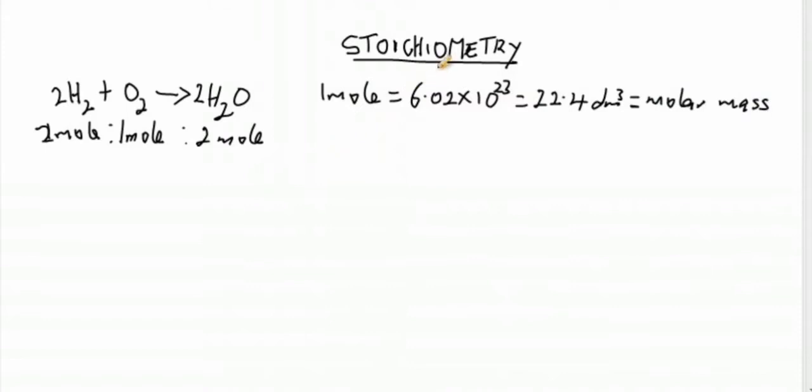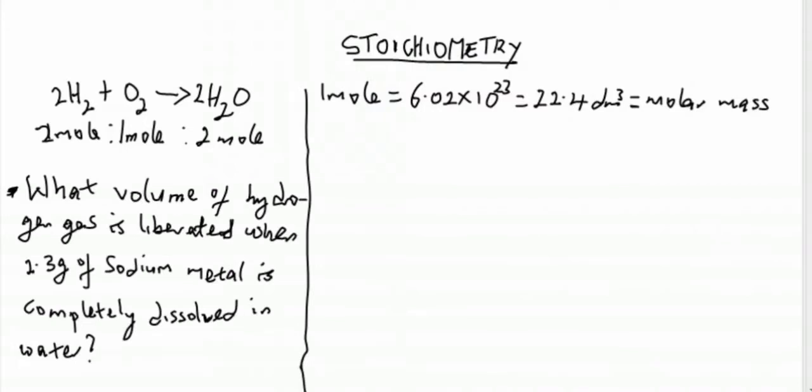So therefore, knowing this, we can apply these in solving some questions. Now let's quickly solve one question and see how this will definitely help us. What volume of hydrogen gas is liberated when 2.3 grams of sodium metal is completely dissolved in water?